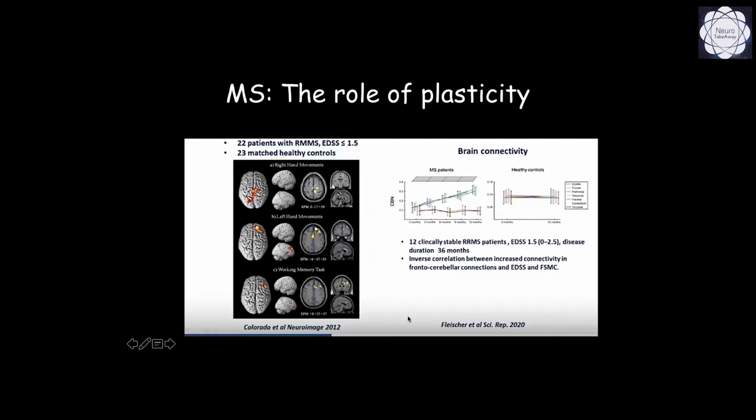We have here this paper by Fleischer, who showed the capacity of the brain to compensate, at least at the beginning, for the presence of lesions. MS patients use more brain to perform certain tasks in comparison with normal people.